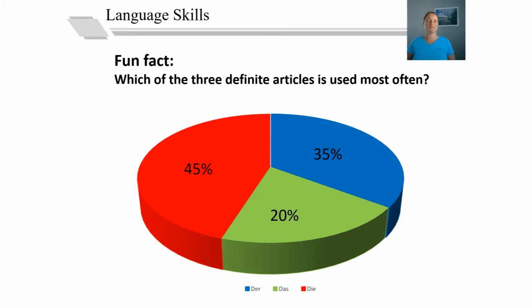Here it is. 45%, and therefore most of the time we use the definite article die. And in second place, very close, goes der. And the least often used definite article in the German language is das. Maybe this helps you also a little bit when it comes to figuring out what to use, der, die, or das.